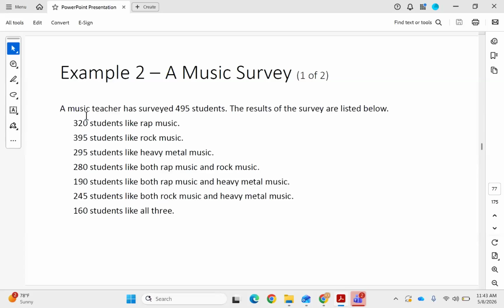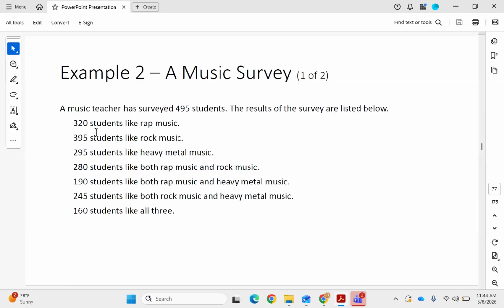A music teacher has surveyed 495 students. The results of the survey are listed below. 320 students like rap music, 395 students like rock music, 395 like heavy metal music, 280 like both rap and rock, 190 like rap and heavy metal, 245 like both rock and heavy metal, and 160 like all three.